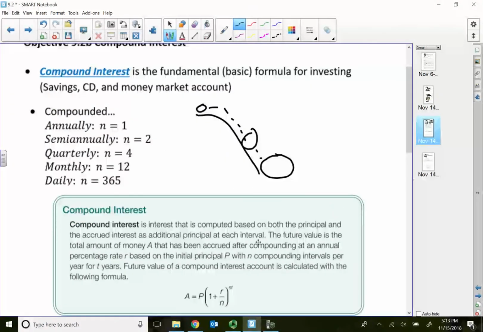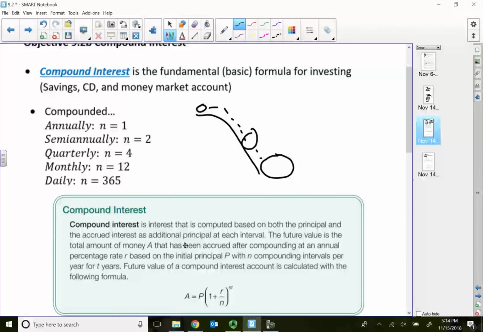Compound interest is the interest computed based on both the principal and the accrued interest as additional principal at each interval. As the snowball rolls down, the original ball is still there, but as we pick up more snow, the ball gets bigger and bigger, quicker. In compound interest, we take the principal, the money you invest the first time, and add the interest you earn after so long in the account.